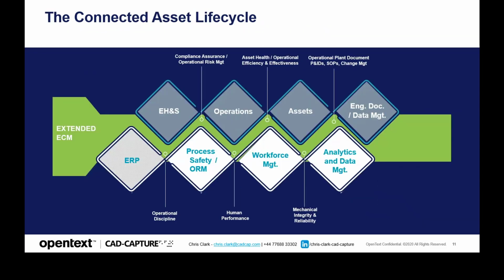So there are two ways in which we can look to resolve this problem for our engineers. Firstly, from an OpenText perspective, through the concept of extended ECM. This can act as a backbone connecting all the systems supporting the asset lifecycle, and therefore improving the decision support.